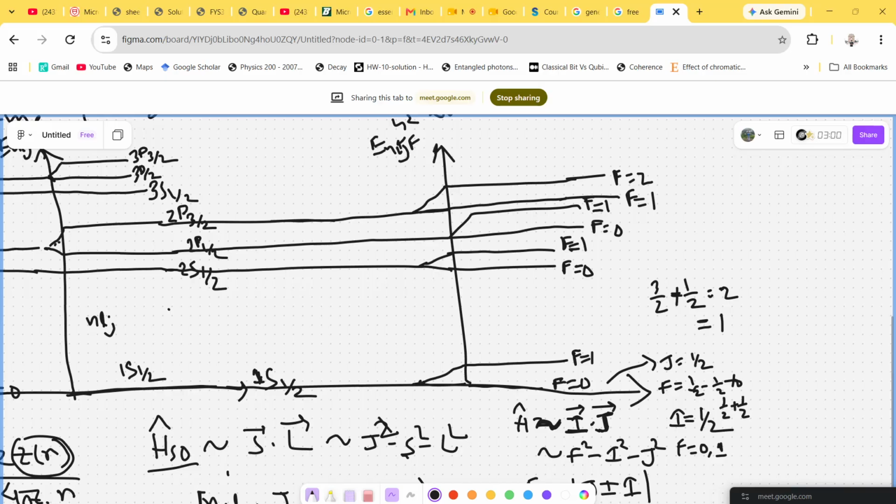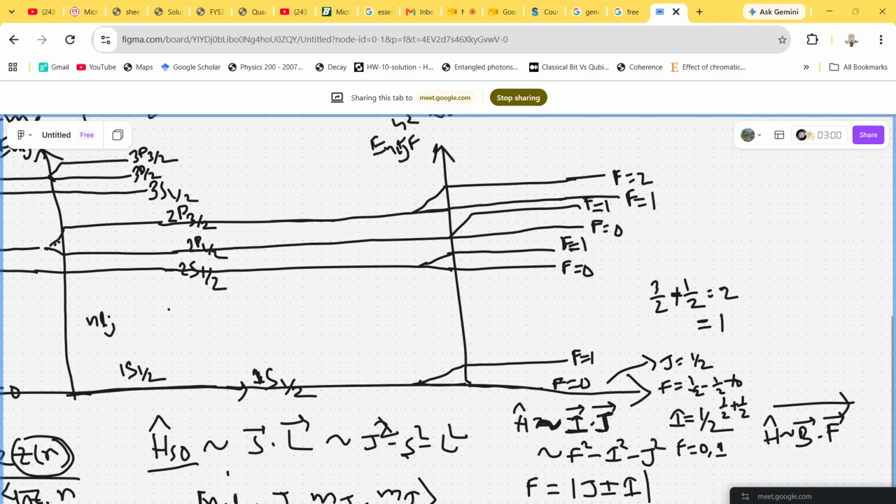And further you can break these F levels also. If you apply some external magnetic field B, that magnetic field can interact with F. Then another Hamiltonian, B dot F, will come, which will lift this F degeneracy also.